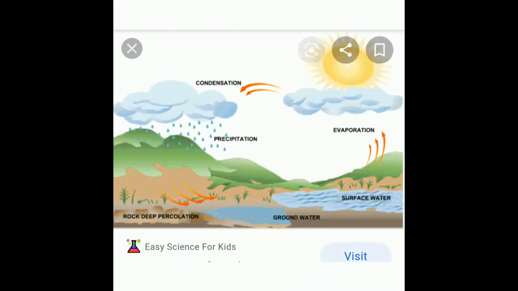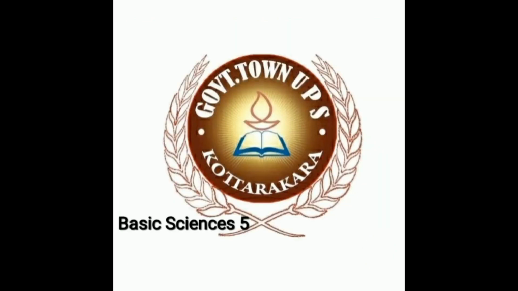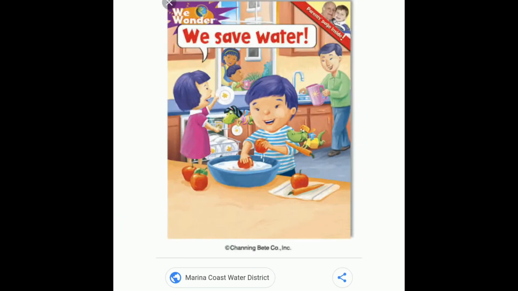In today's class we have discussed water scarcity, conservation of water, water pollution and its reasons, and rain formation. We have studied the properties of water, water pollution, its reasons, ways for controlling water pollution, and the importance of conserving water.